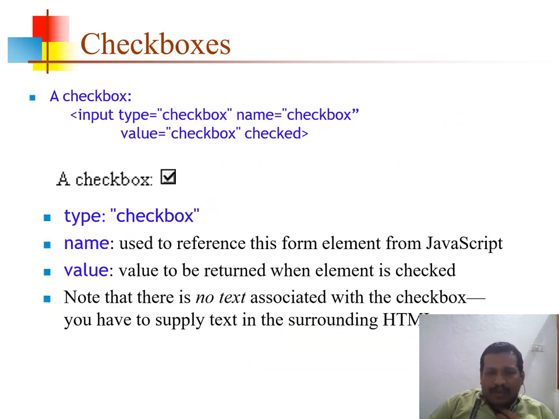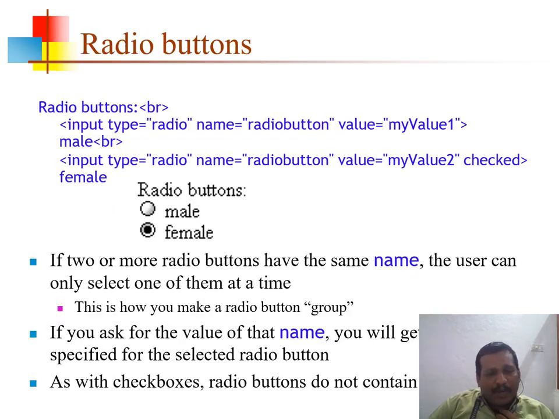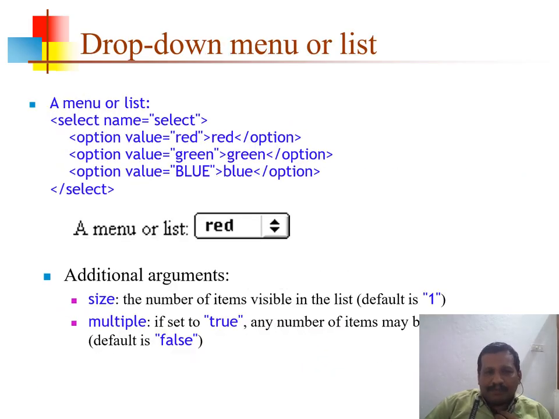For checkboxes, we use input type equals checkbox. If it is a radio button, you use input type equals radio, and if some value has to be assigned by default, you use the word checked, which helps you to select that particular option by default.